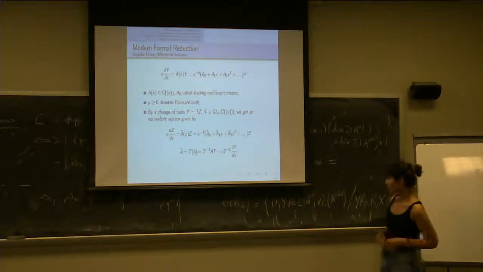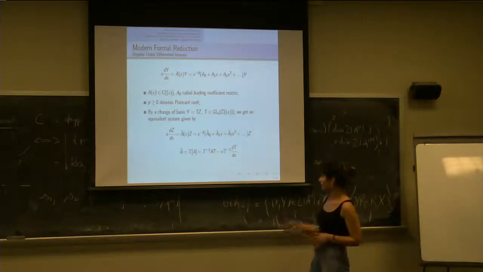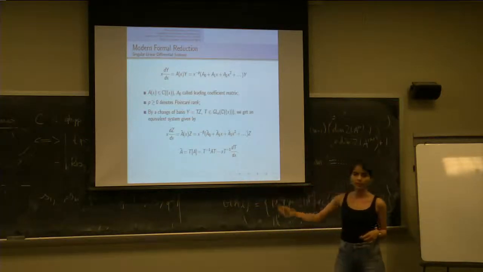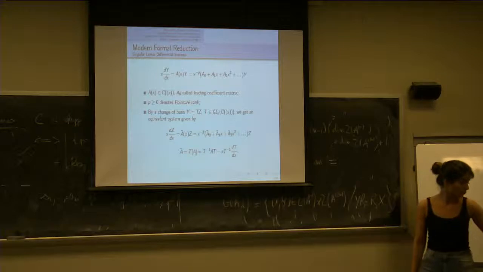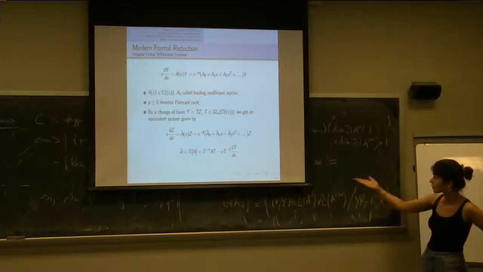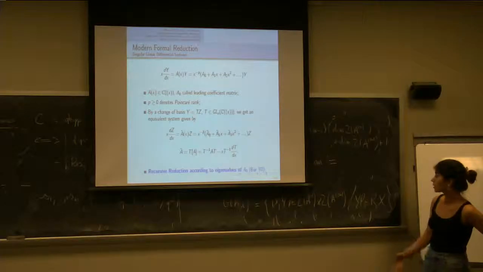And here we can see that the difference from the linear operators is that we have this differential term which we have to pay attention to, in addition to the similarity term T minus 1 AT. I'll follow here the recursive reduction which is given in the paper of Barcato in 1997.